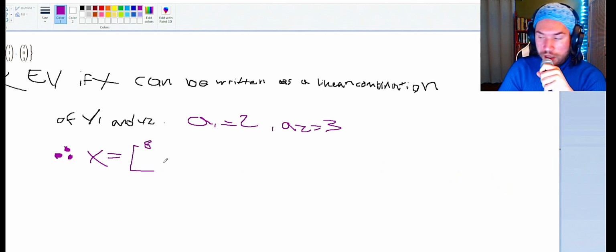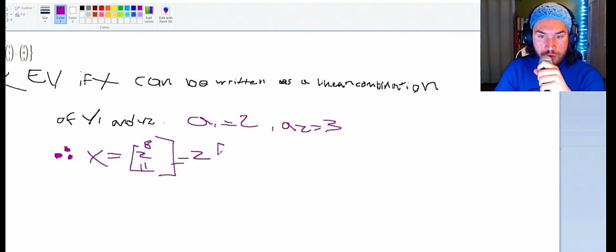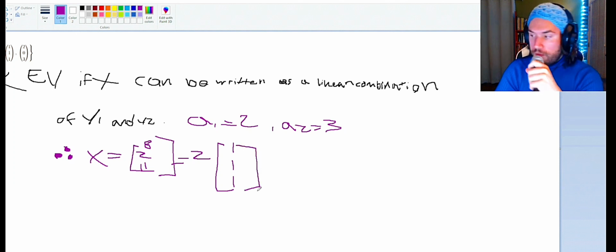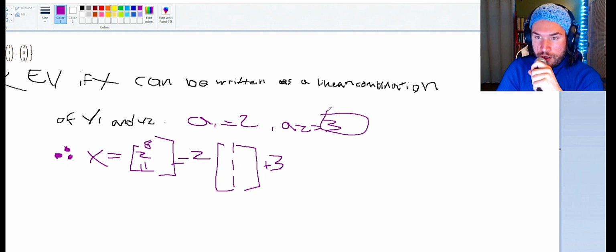Okay, we're seeing the columns again. 8, 2, and 11. Now that equals 2, 1, 1, 1 again. Gonna add 3 from here.